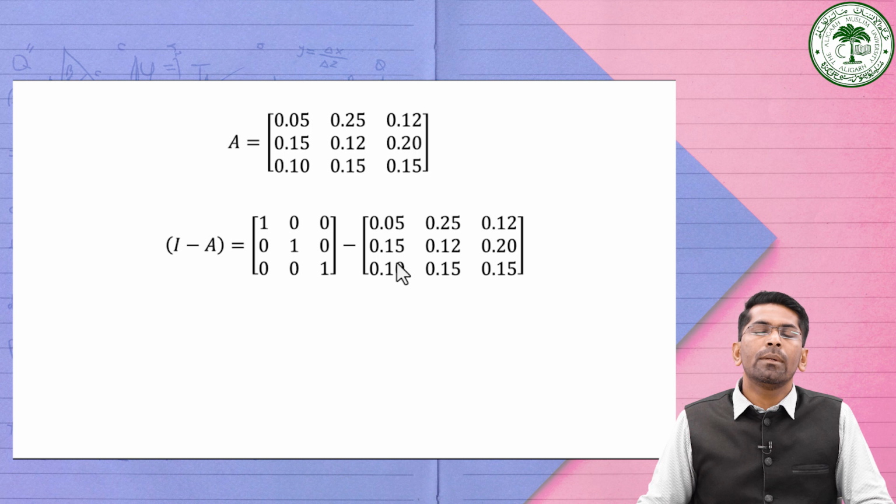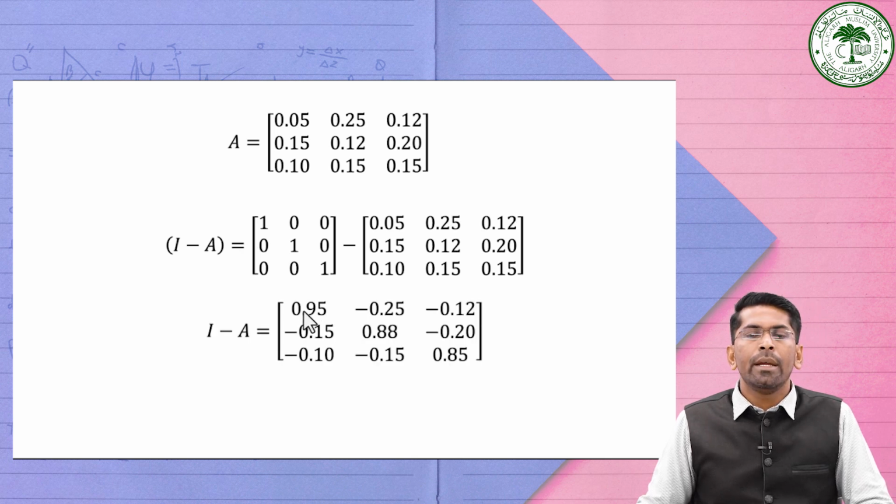So we can subtract the elements in the coefficient matrix from the identity matrix. Then it will become 0.95, minus 0.25, minus 0.12, minus 0.15, 0.88, minus 0.20, minus 0.10, minus 0.15 and 0.85. So this is the matrix.